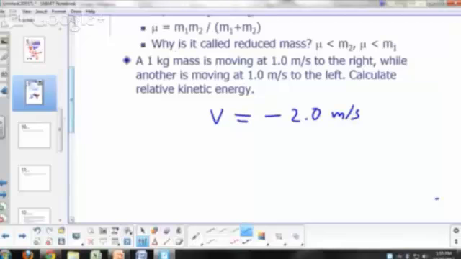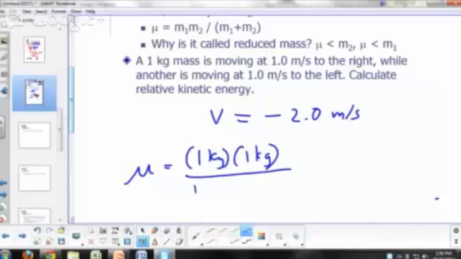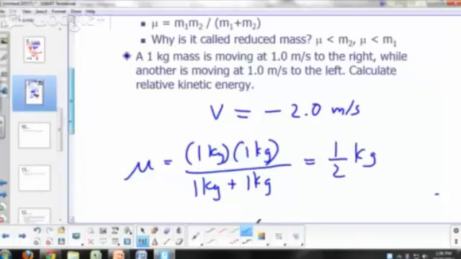So what's our reduced mass here? They're both 1 kilogram mass, so 1 kilogram, m1 m2 divided by m1 plus m2. So 1 times 1 divided by 1 plus 1, 1/2 kilogram.